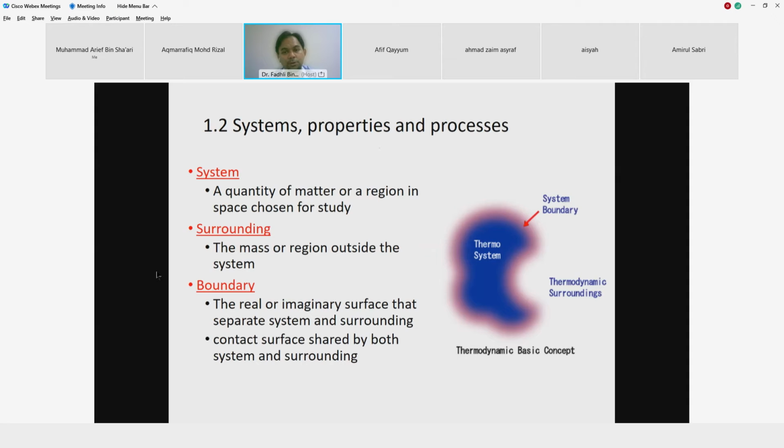Okay, next 1.2, look at several terms in thermodynamics. For the first one, let's look at the first three terms: system, surrounding, and boundary.